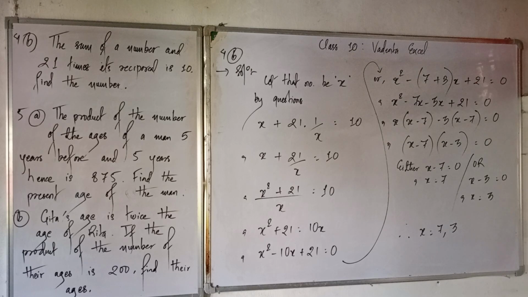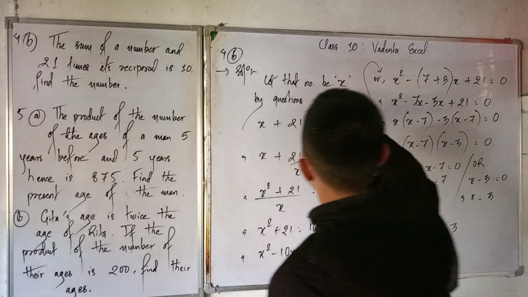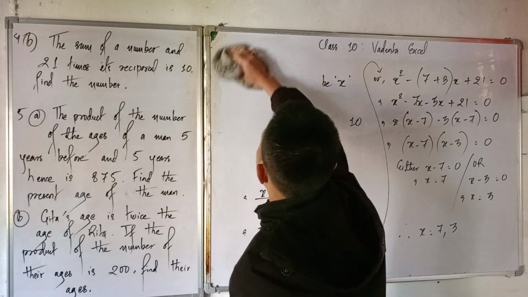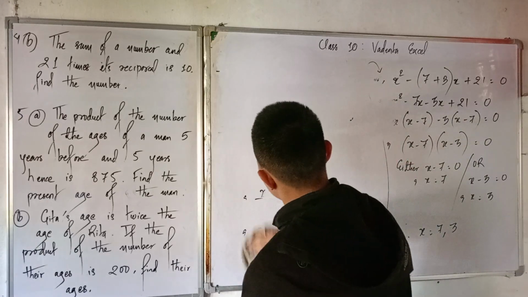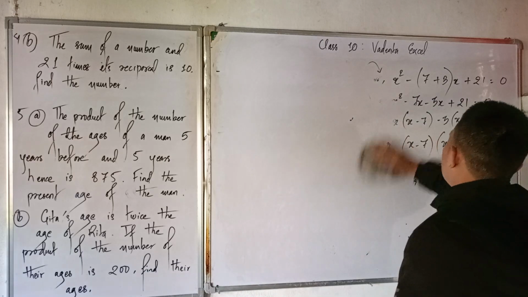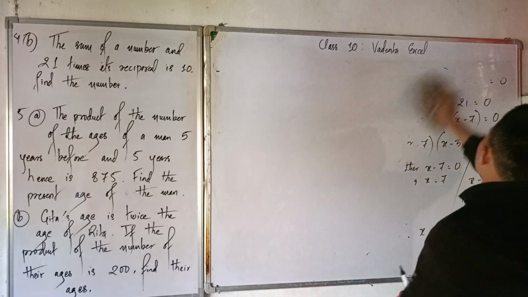If you have finished 4b, I'm going to rub it. If you haven't, then just take a screenshot and you can copy that later. Again I suggest you not to copy, try to understand and do it by yourself. So let's move on to number 5a.